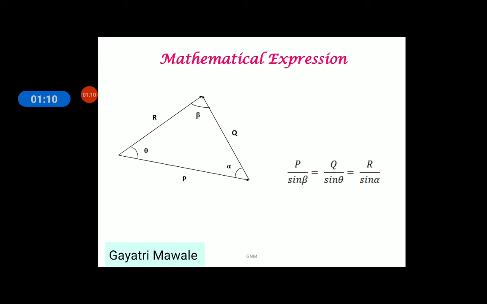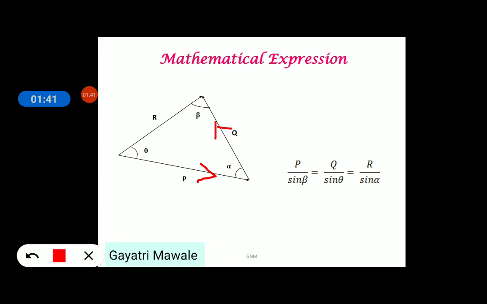Now let us see mathematical expression for triangle law of forces. Here two forces P and Q are acting along two adjacent sides of a triangle taken in order. P force is acting like this, Q force is acting like this.